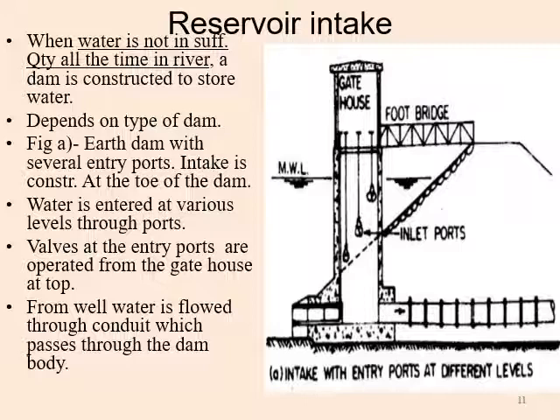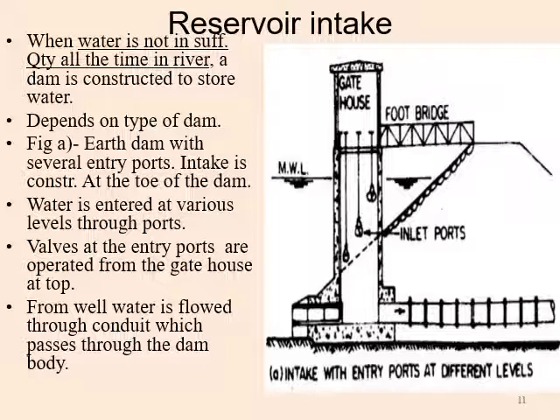Water is entered at different levels by opening the ports. Valves at the entry ports are operated from the gatehouse. The gatehouse is fitted at the topmost area of the earthen dam.